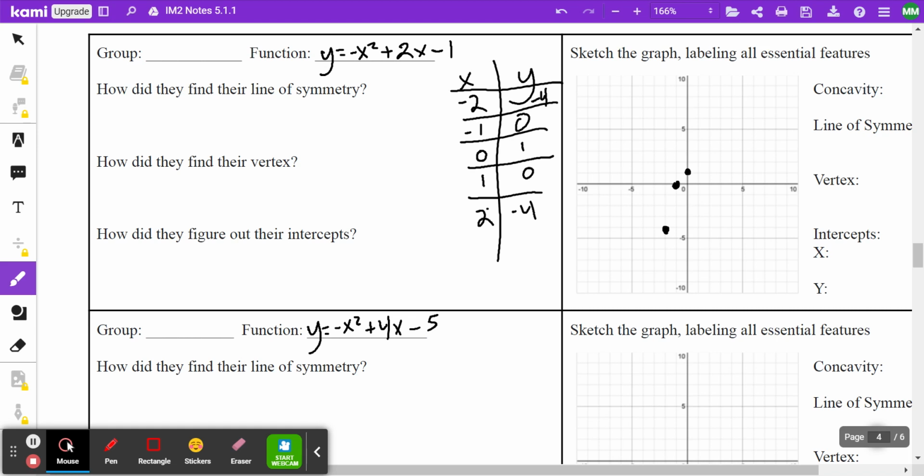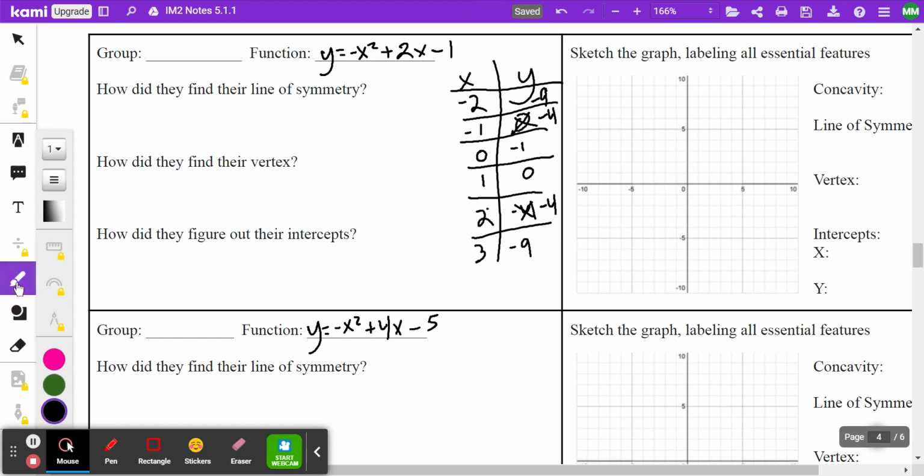When x is -1, y is -4. When x is -2, y is -9. So I have these off. When x is 0, y is -1. When x is 1, y is 0. When x is 2, y is -4. And when x is 3, y is -9. Okay, sorry about that.